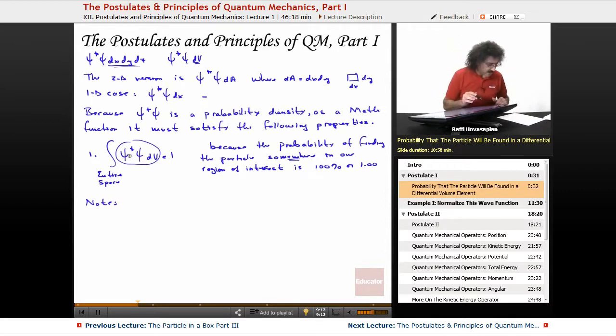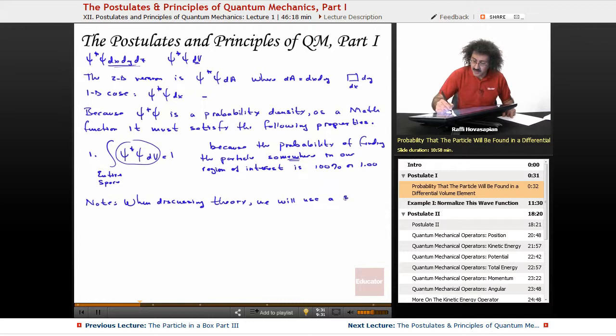So I hope that doesn't bother you. All right. So let me just write that down. When discussing theory, we will use a single integral symbol.